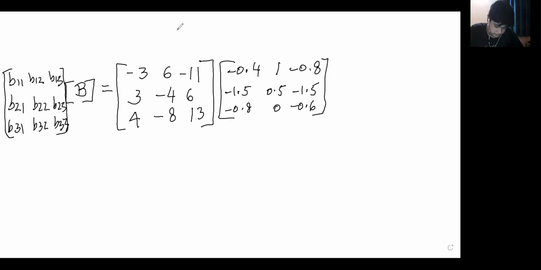Next, B31. How much did you get as the answer? Sir, 14.4.